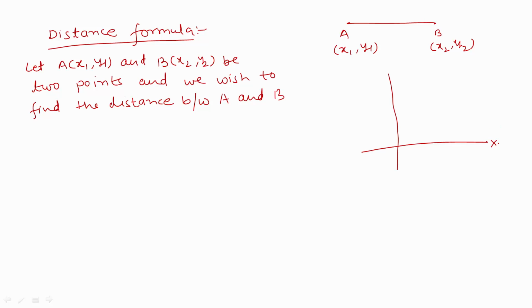This is your x-axis and this is your y-axis, and here is your point A having the coordinate x1 y1, and this is your point B having the coordinate x2 y2.